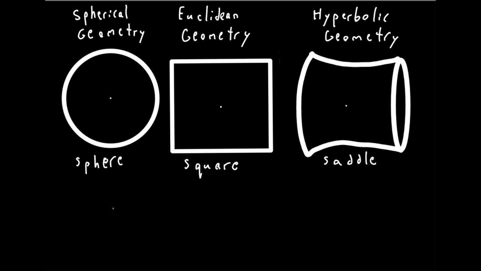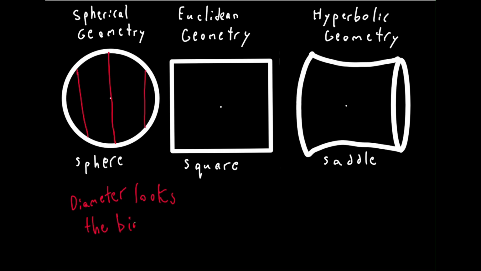And that example is the diameter. Let's start off with the diameter of a circle, or diameter of a sphere in spherical geometry. Let's just take all these others. Diameter looks the biggest. Let's take the diagonal.